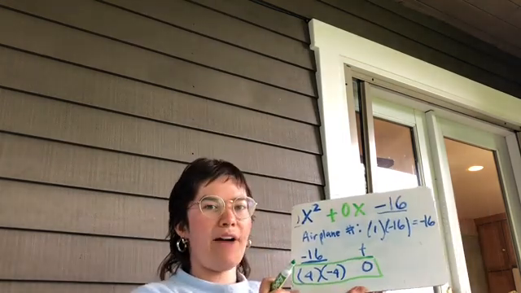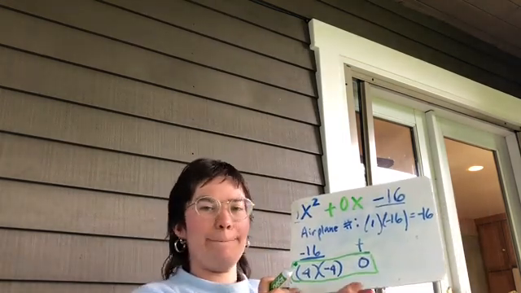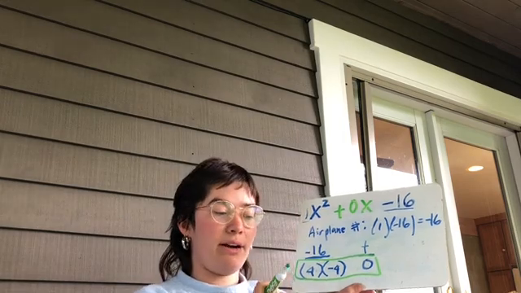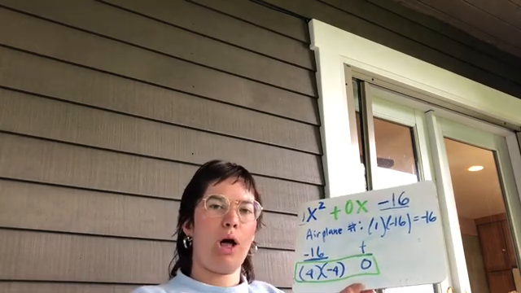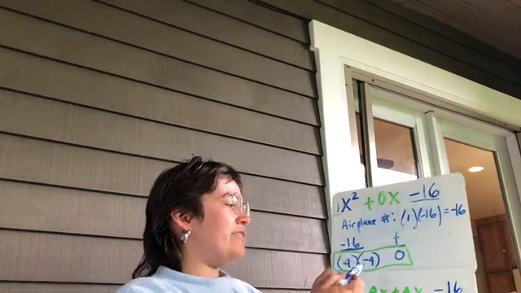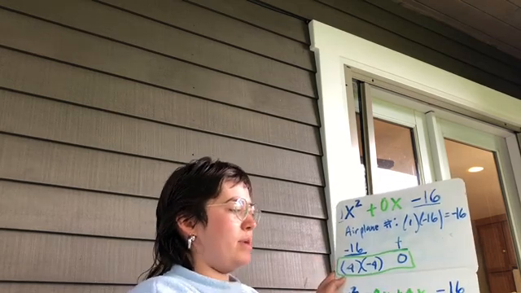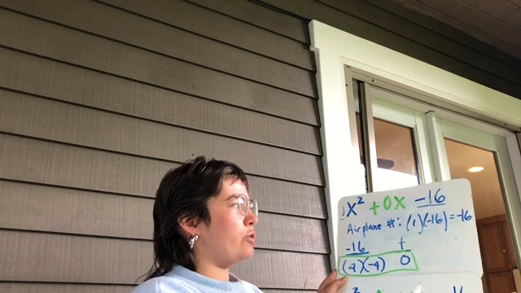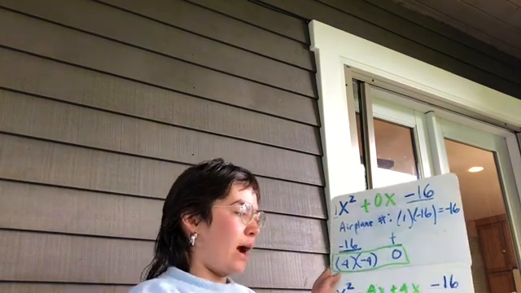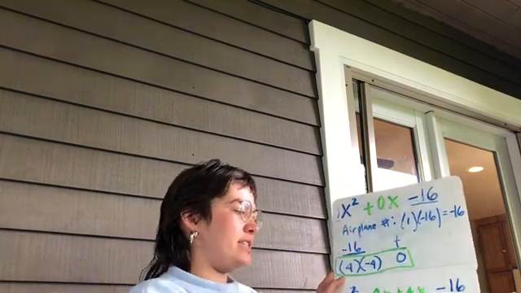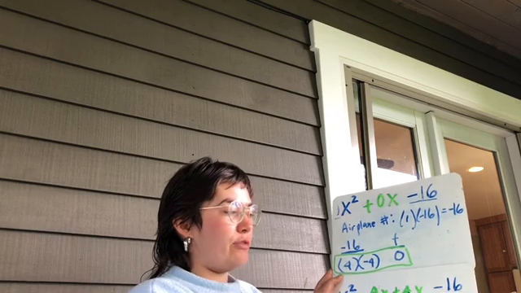So there I have identified correctly my very special factor pair. I'm going to use it to rewrite my polynomial. I've taken my special factor pair and I've used it to rewrite my middle term. My middle term was originally 0x, but now I can rewrite 0x as negative 4x plus 4x.